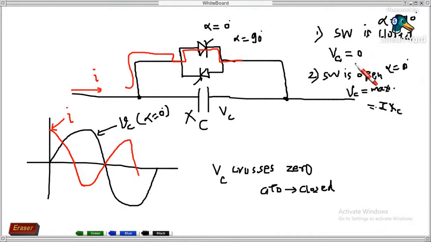It means VC is 0. Then what will VC be? Straight line 0. Correct? Now in between that, let my firing angle be 45 degree, between 0 and 90. In that case, VC will not be exactly half, but it will get reduced. Obviously, it is less than this. So for any angle between 0 to 90 degree, you may get VC.